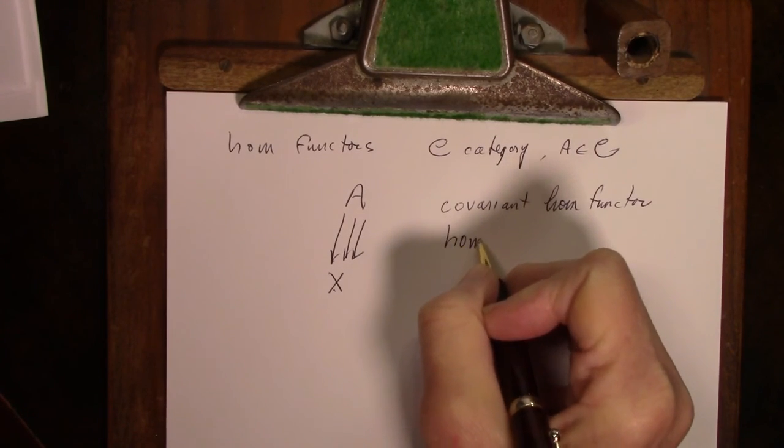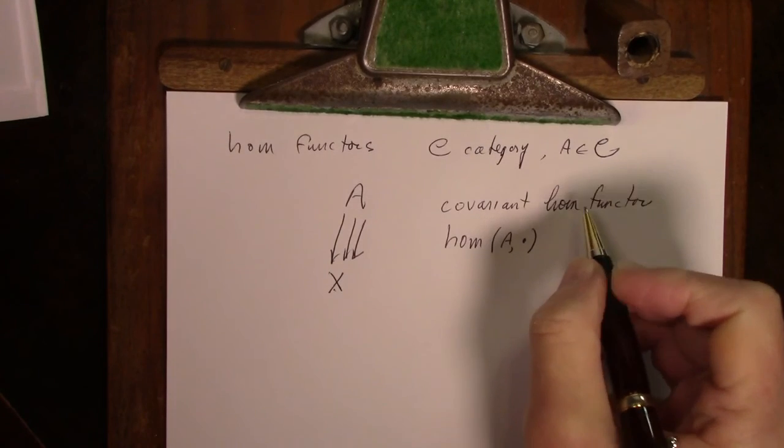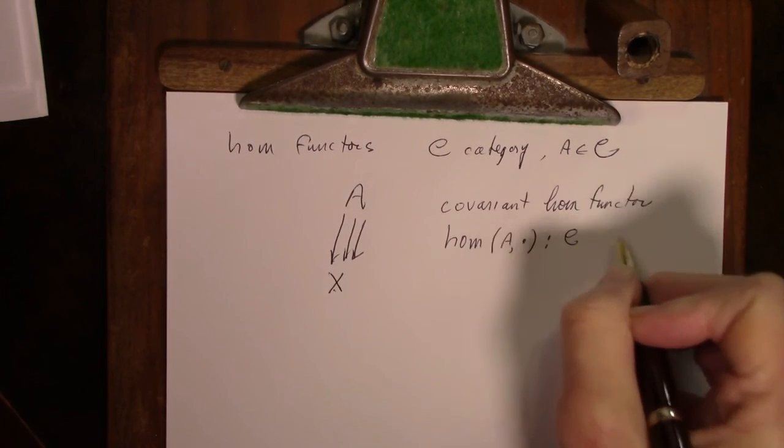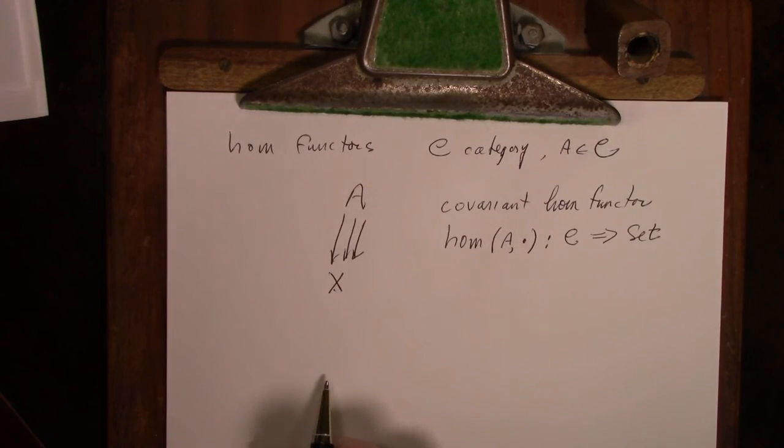It's denoted by Hom(A, ·). And it maps the category C to the category of sets.